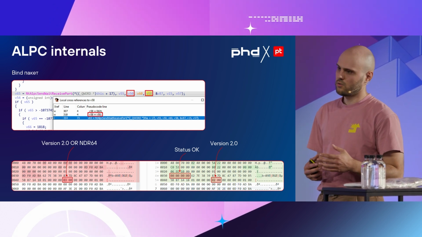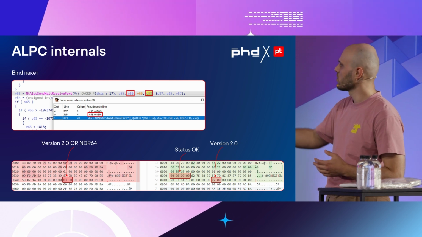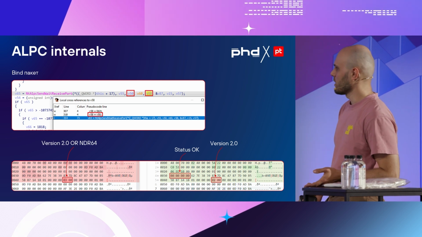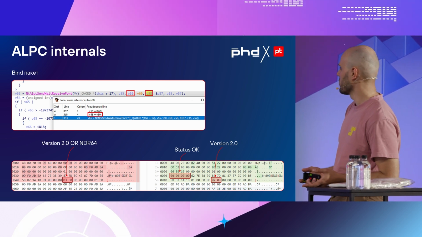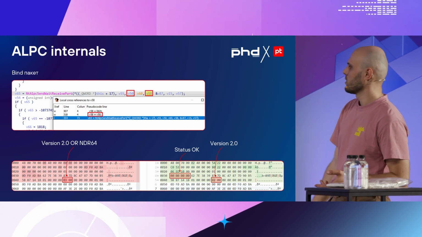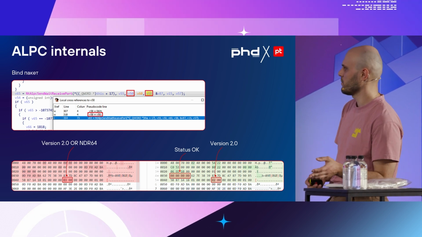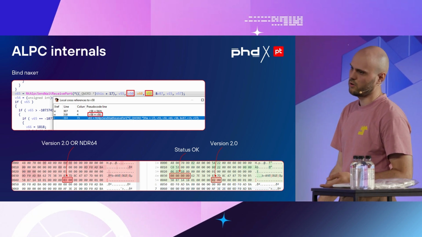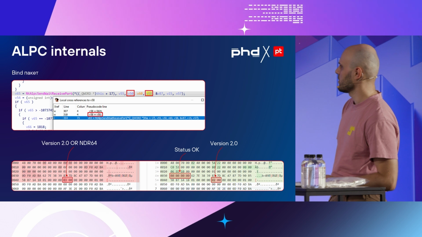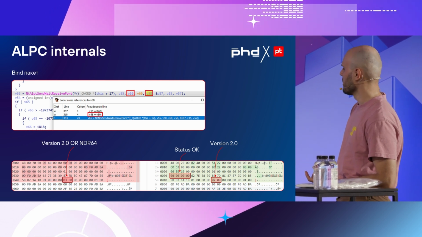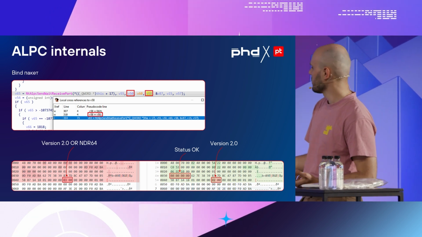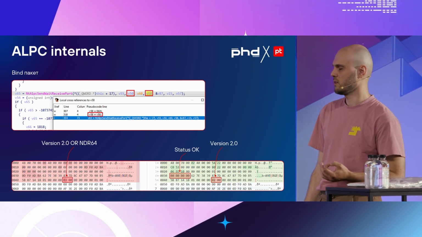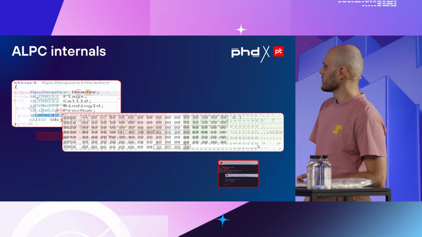So if you look at the system call that happens in case of a bind request, then you will see the argument to receive and to send packages is the same. And if we look at the difference between the packages, you will see that the client sends that it supports these two protocols, and the server or the processing unit says, okay, I want to talk in this protocol. So the client takes protocol 2.0 version and a binding ID that identifies the protocol.